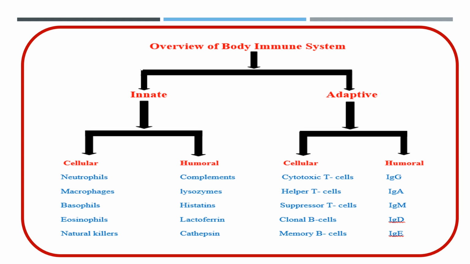The cellular component of the adaptive system includes the cytotoxic T cells, the helper T cells, suppressor T cells, and clonal B cells and memory B cells, which are essentially involved in phagocytosis and production of cytokines and other immune mediators that are meant to destroy essentially intracellular microbes.